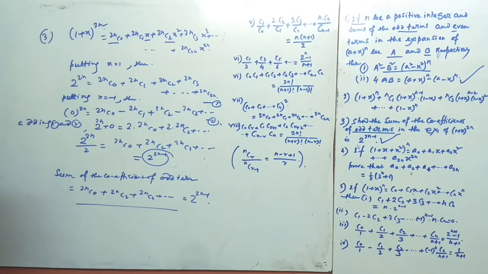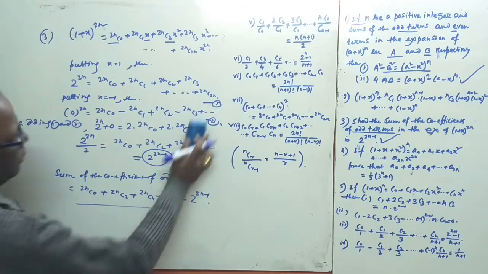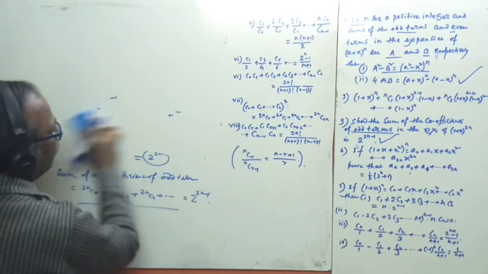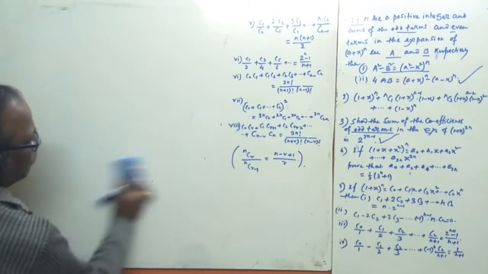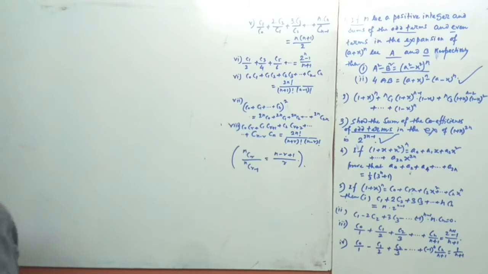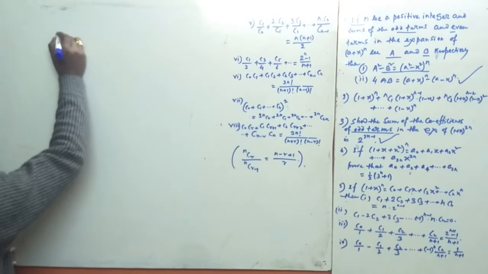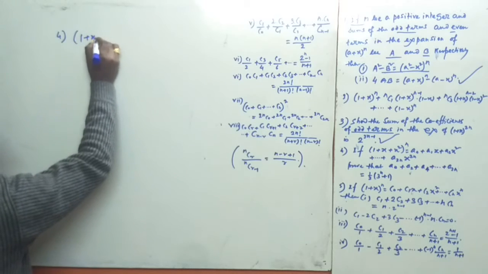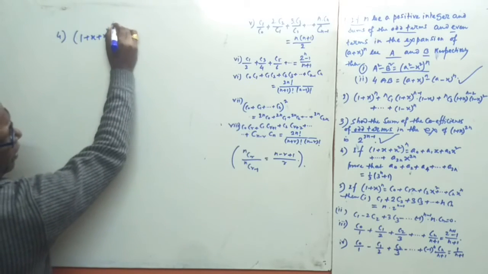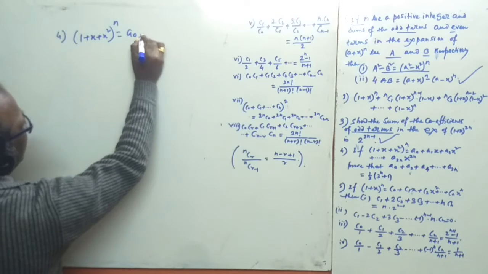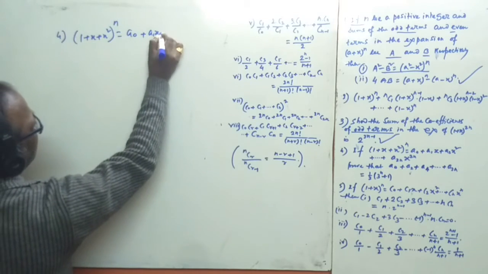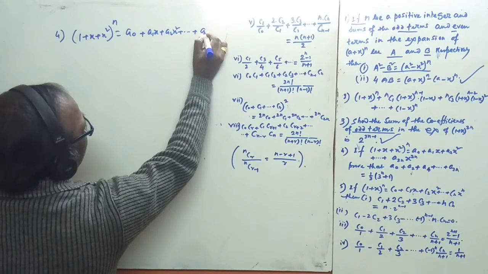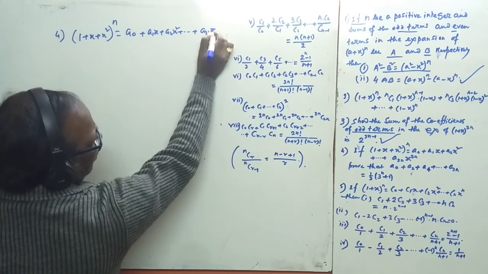A very technical question here. Number 4 also, see the solution of 4. Question number 4: (1 plus x square) to the power n is equal to a0 plus a1 x plus a2 x square and so on up to a suffix 2n x to the power 2n.